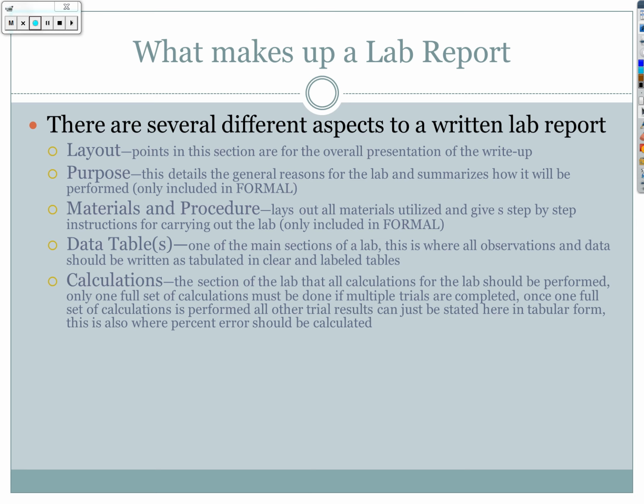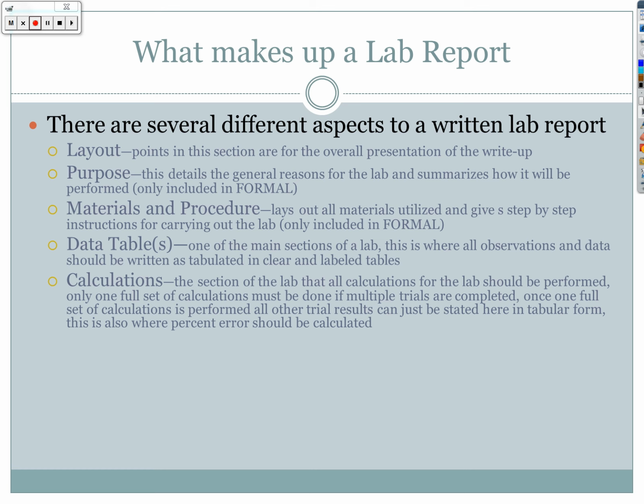The calculations section, and this is the section of the lab report where all of the calculations for your lab should be performed. If you're doing multiple trial sets and you're doing the same calculations for each trial, in the calculation section I only require that you show the work for one full set of calculations. So trial 1, you do all of the calculations associated with that.